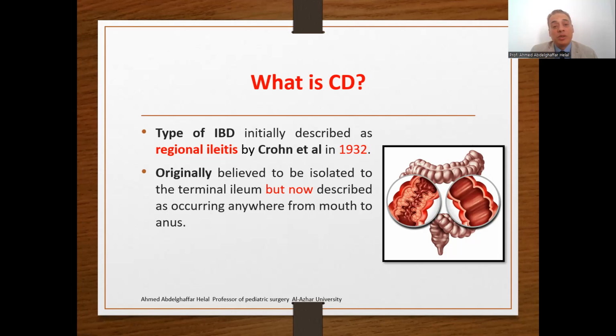But now the disease is described as occurring anywhere from the mouth to the anus, affecting any segment of the gastrointestinal tract with skip areas: affected or active disease separated by normal parts of the bowel.